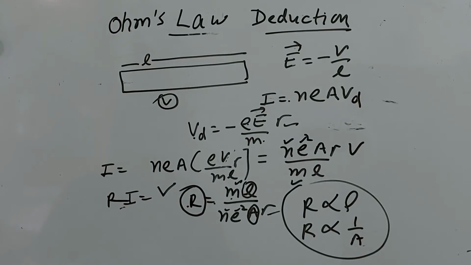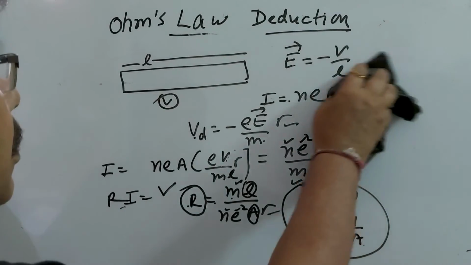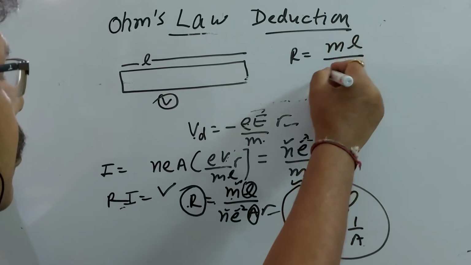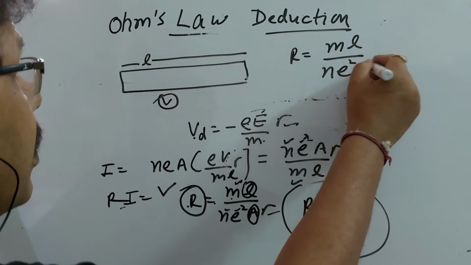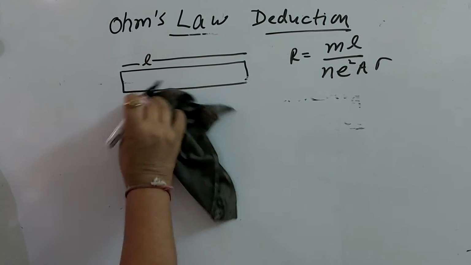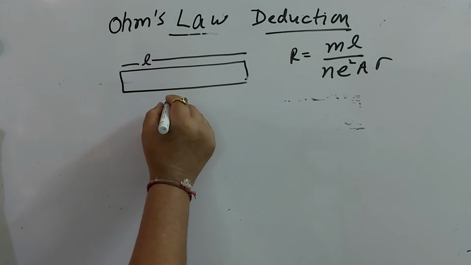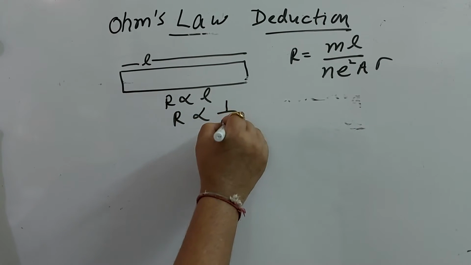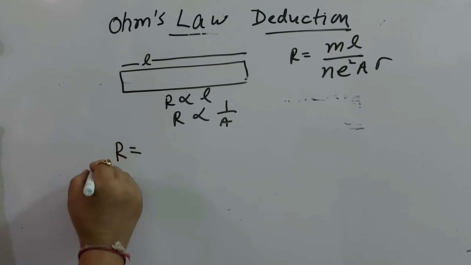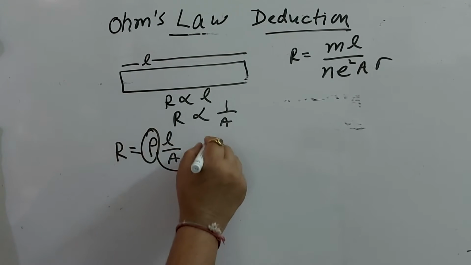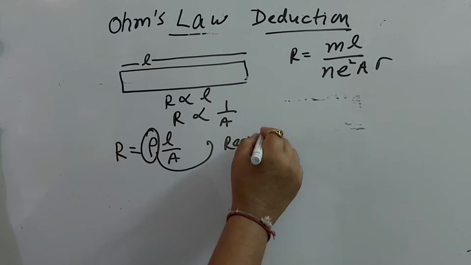Now in this expression, we can say that resistance is equal to mL by NE square A tau, and R is proportional to L, and R is inversely proportional to A. So combining these two, we can say this is equal to some constant into L by A. Now this is called resistivity.